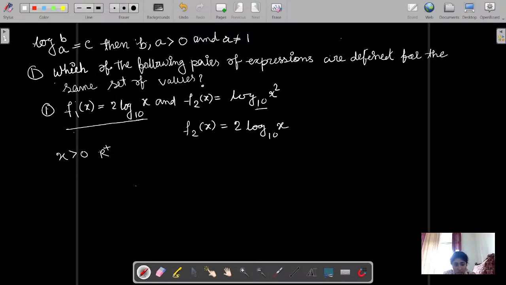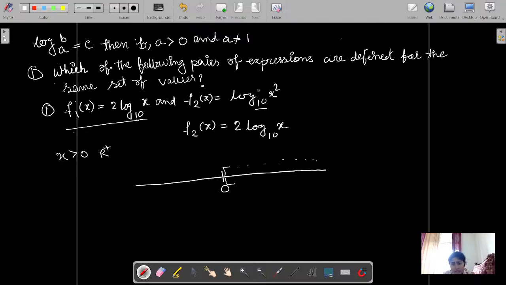Suppose this is your real number line and here is 0. So after 0, from here to infinity, for every positive integer, every positive decimal number, I can say for every positive real number this will be defined, right?